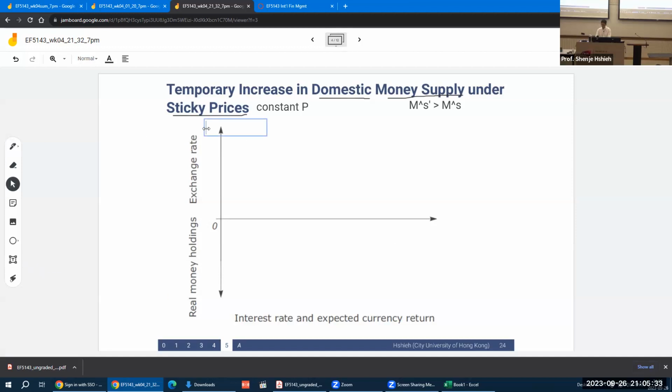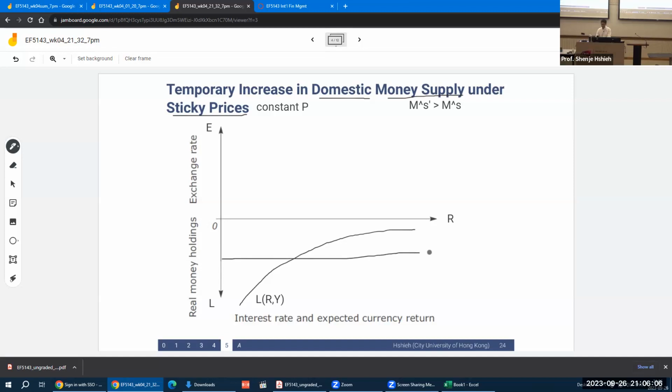So let's label the axes for completeness. Real money supply, real money holding is L, right? And our x-axis is R. And this top axis is E, spot exchange rate. We have a starting equilibrium. Sorry, we have a liquidity preference curve here. Let's call it L(R,Y). And we have a real money supply curve.